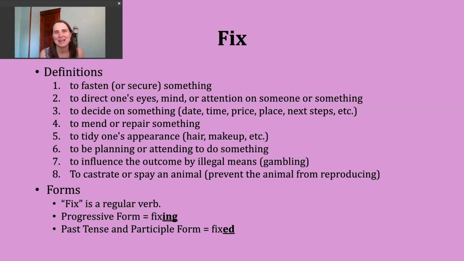A sixth way to use the verb fix is to mean to be planning or anticipating doing something. So this sixth way is not something you hear used really frequently throughout the United States. I would say it is a little more common in southern states. I live in the Midwest, so this is not something I hear often.